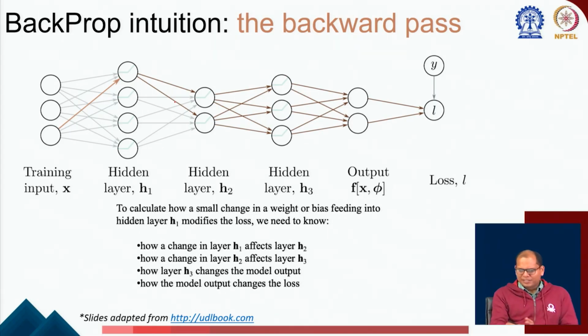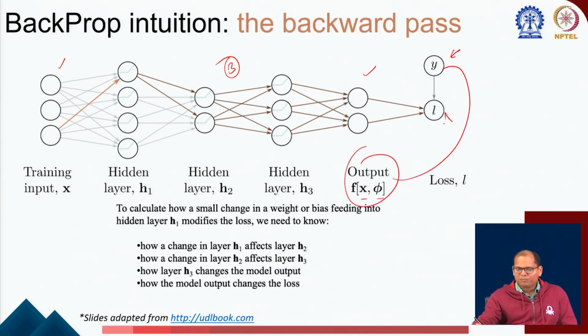We are in the same setting, now with 3 hidden layers. I have the input and I have the output, and the output will be a function of x and the parameters, and I have my ground truth. I will compare the output with the ground truth to compute the loss.